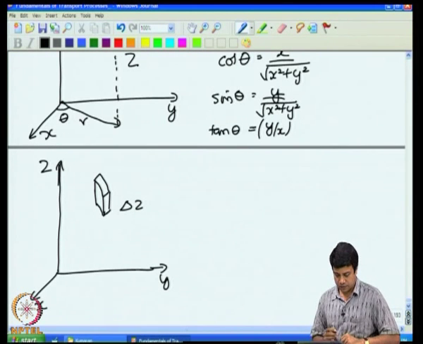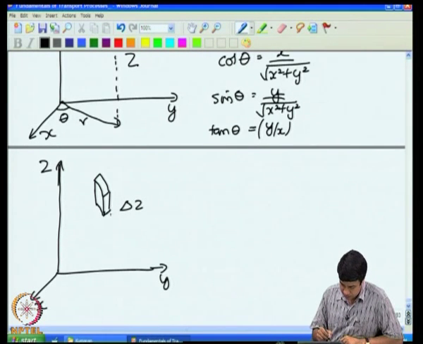If I take the projection onto the xy plane, the angle subtended is delta theta.